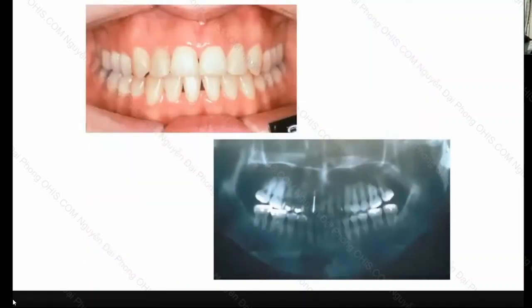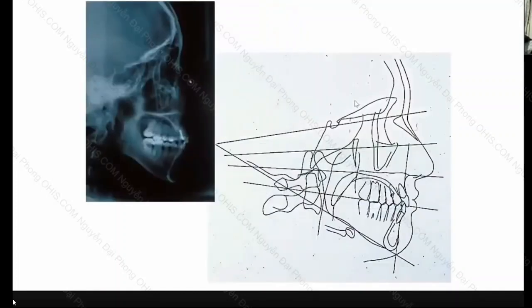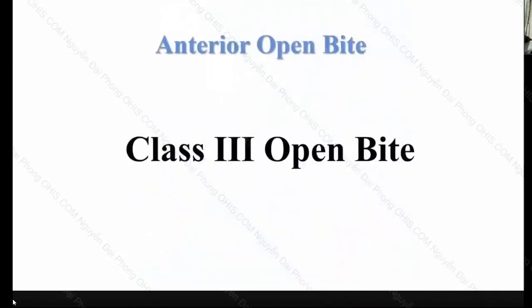The 6, 7 area is a little bit open. So, okay, this is the before and after superimposition. How about the class 3 open bite?